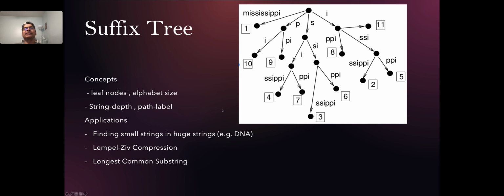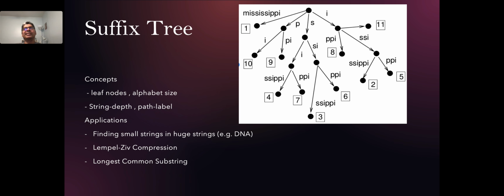There are some concepts like string depth. What's the string depth? Each edge is labeled by a sequence of characters. The string depth is, for example for this node, the number of characters on the path label.